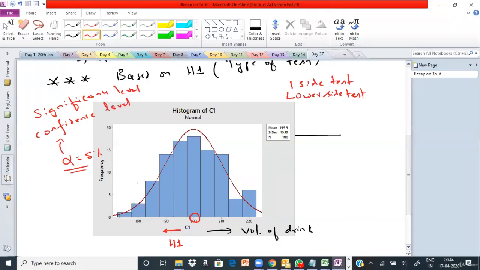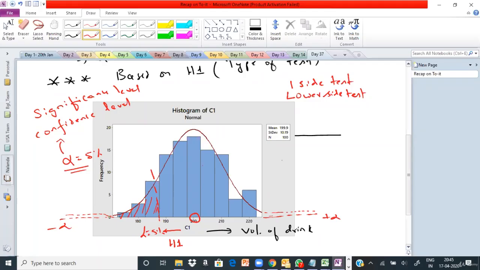So that means somewhere here, if I look at this, if you go towards the minus infinity and here towards the plus infinity, this curve never touches the axis. It goes like this. So your alpha is somewhere here. This is your alpha, 5%. So this shaded region is alpha.